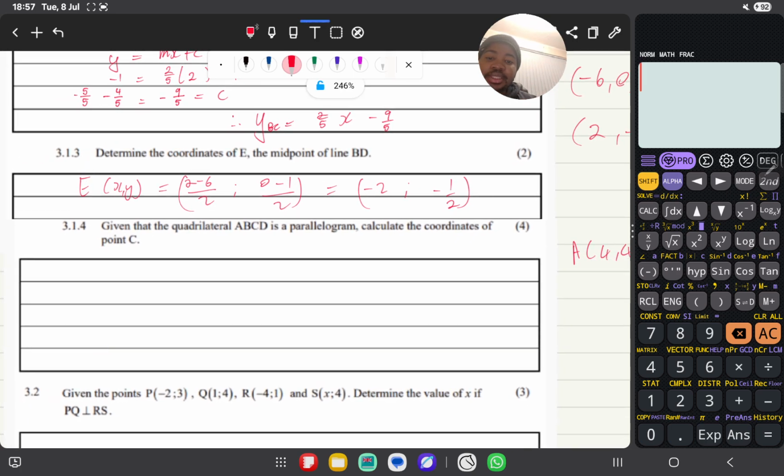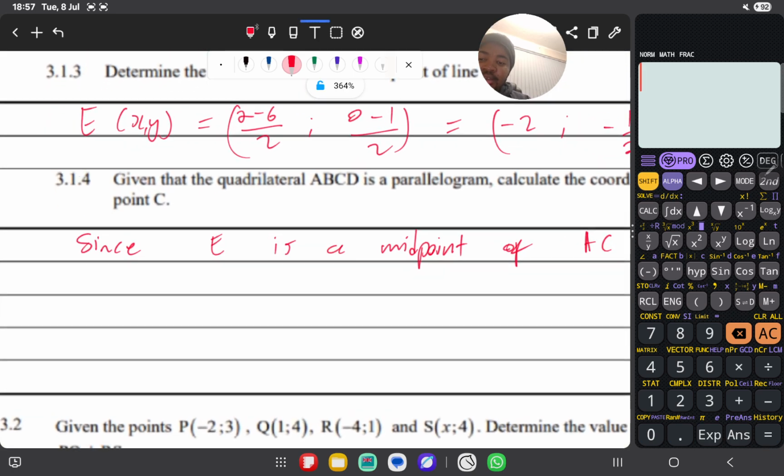So now I'm going to say, since point E is the midpoint of AC, right?